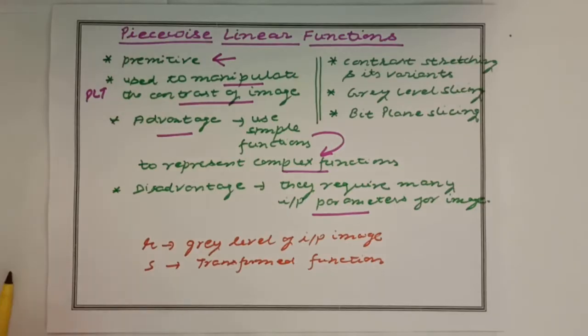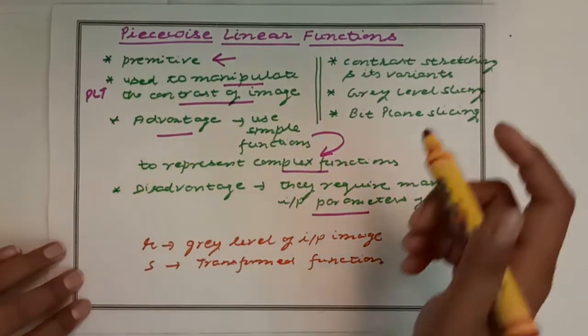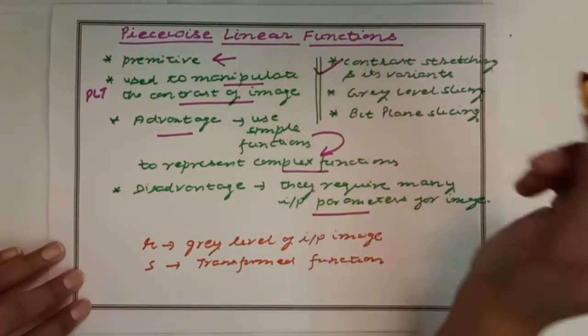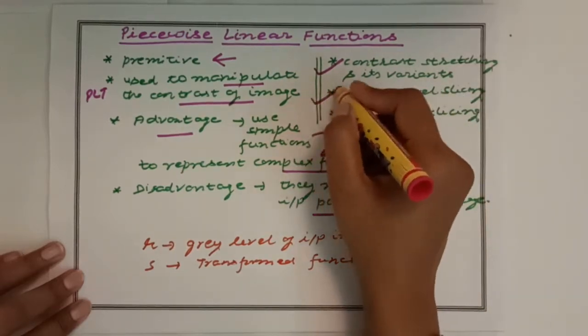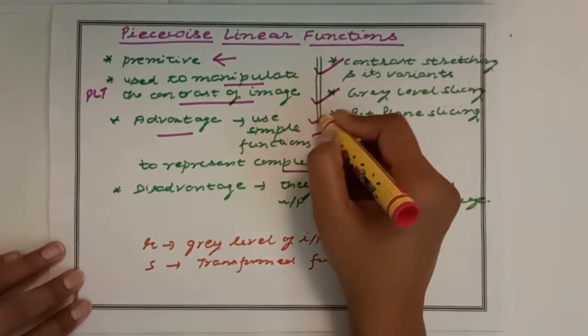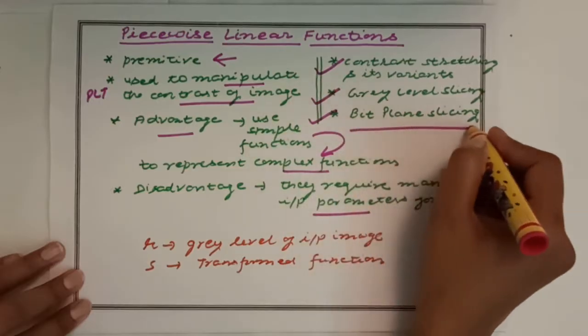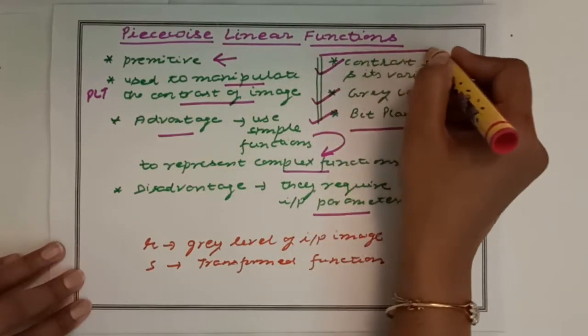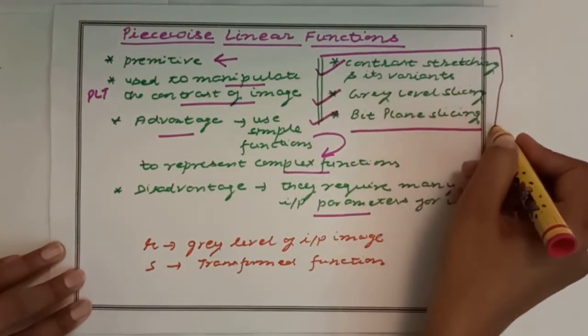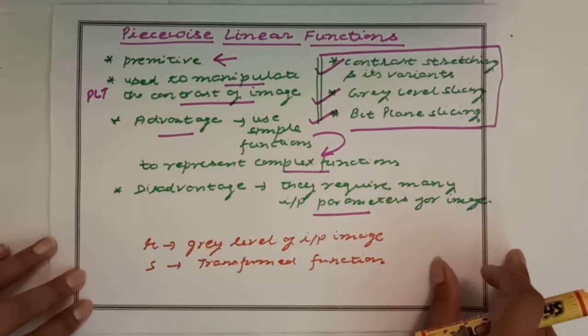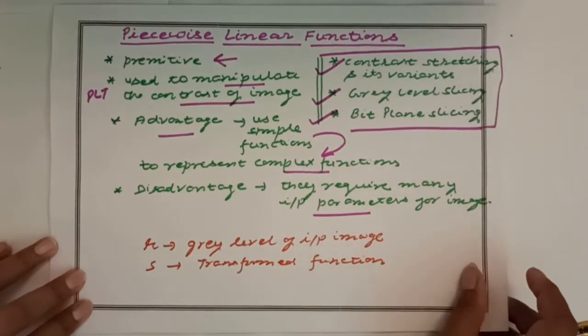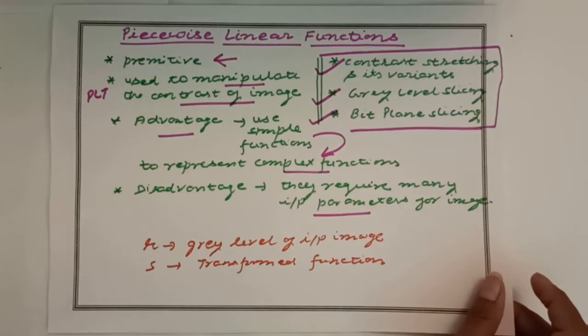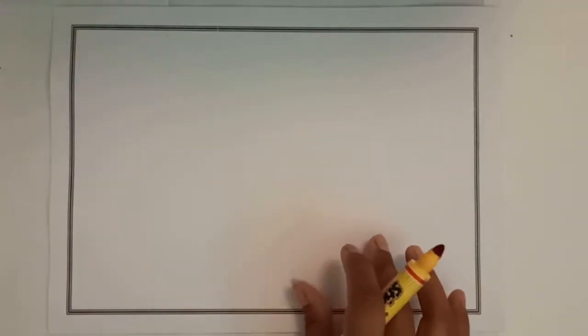There are three types of piecewise linear function. One is contrast stretching, other is gray level slicing, and third is bit plane slicing. So in today's lecture we shall be talking about all these three types of piecewise linear function. So let us start with the contrast stretching and its variants.